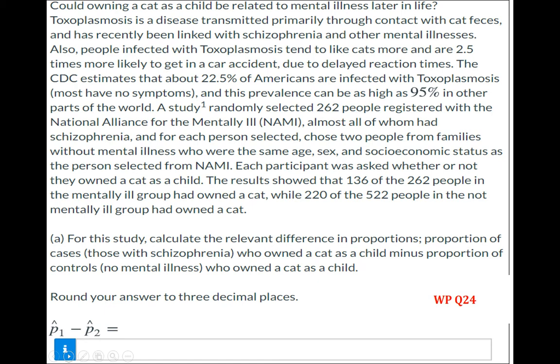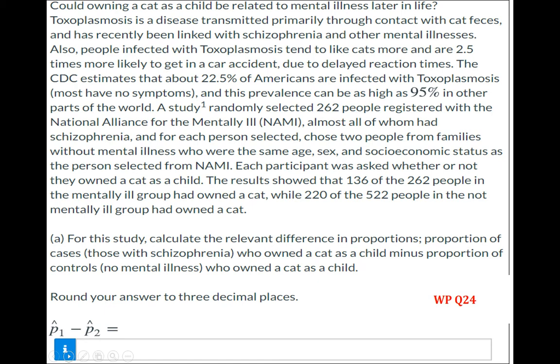Wow. Okay, so owning a cat and having this toxoplasmosis, I'm 2.5 times more likely that I'm going to crash. Couldn't be from texting and drinking iced tea and things like that. The CDC estimates that about 22.5% of Americans are infected with toxoplasmosis, and most have no symptoms. Oh, what does that sound like today, right? And this prevalence can be as high as 95% in other parts of the world.